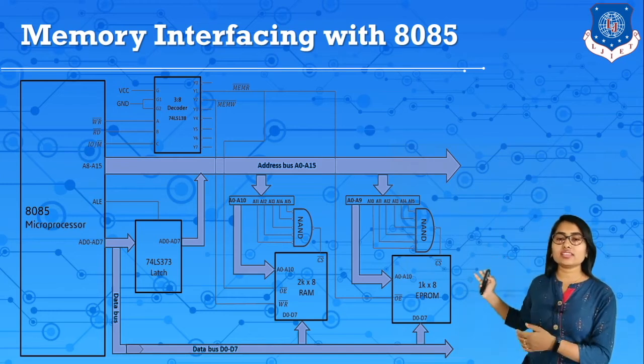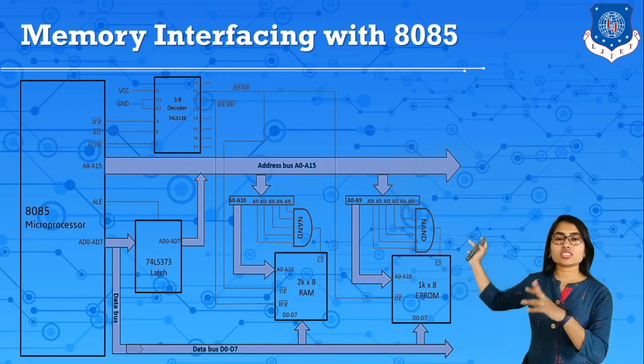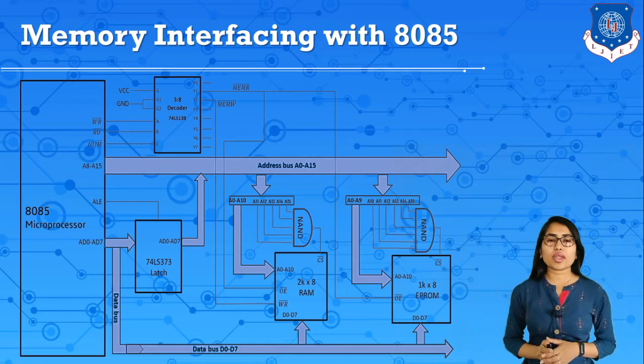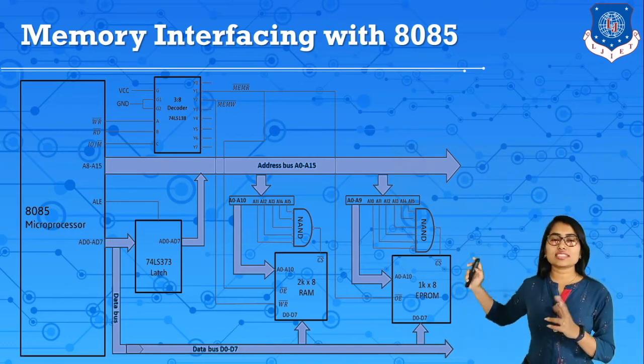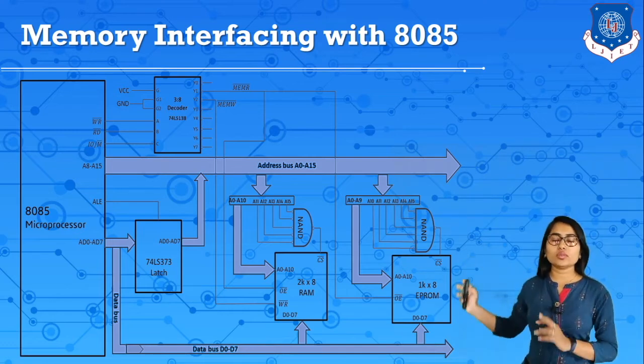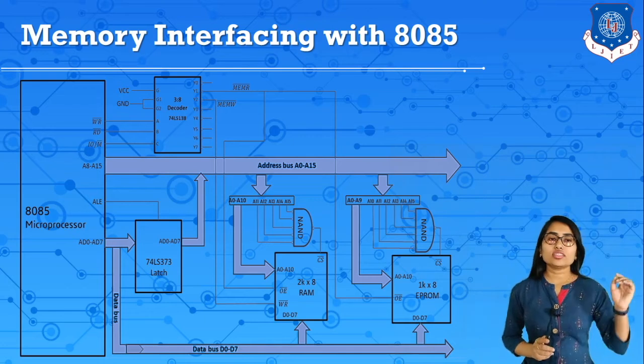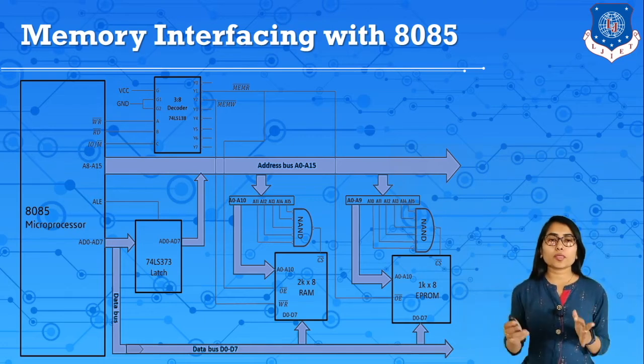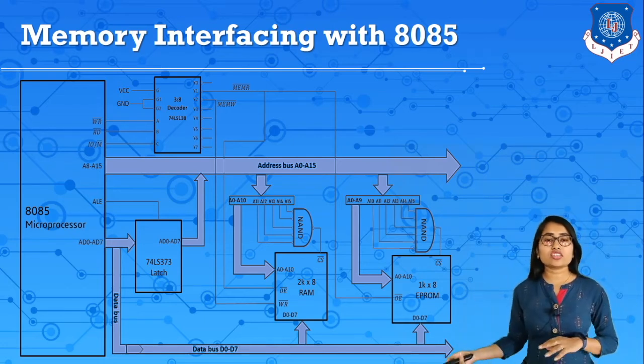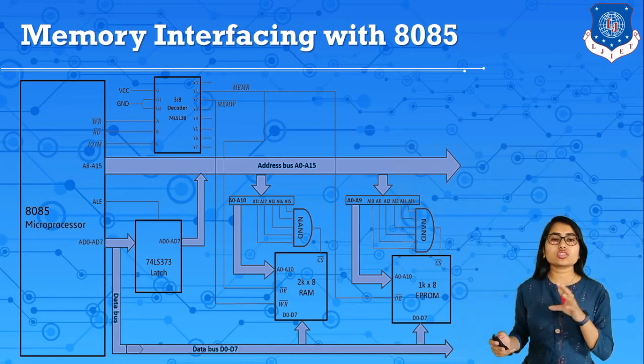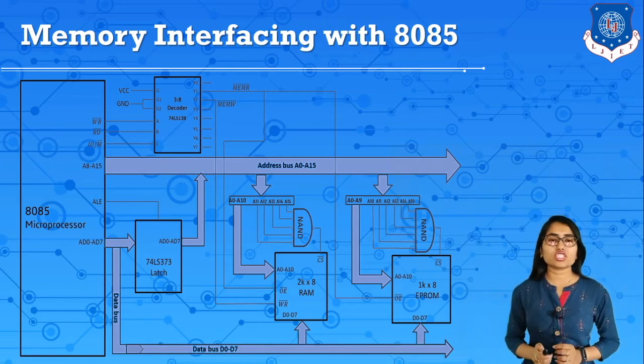So to select the EEPROM and the RAM, this NAND logic is used, and depending on the connections of the NANDs, either RAM or ROM is selected. This is how the 8085 can transfer data with memory. This is memory interfacing with 8085.